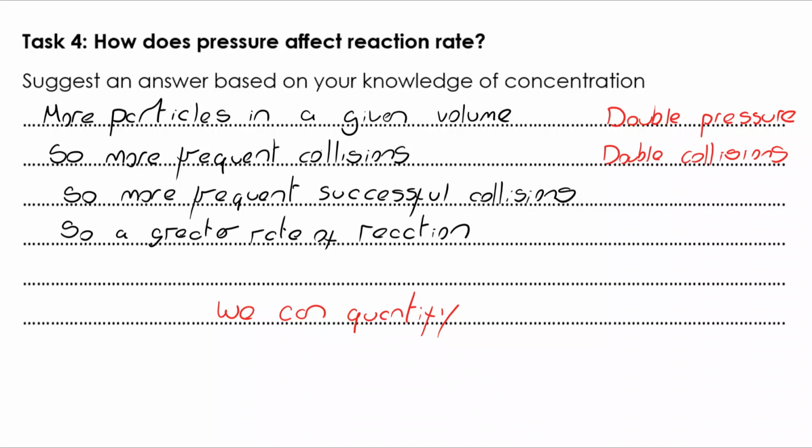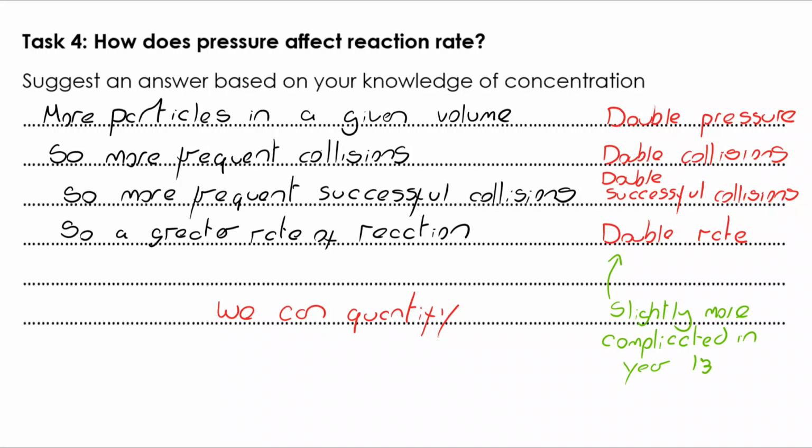And if I double the number of collisions and a proportion of all collisions are successful, it means I'm going to double the number of successful collisions. And if I double the number of successful collisions in a given time, it means I double the rate. Now, we are going to add to this in year 13. It's actually slightly more complicated, but for now, this is a very good start point.